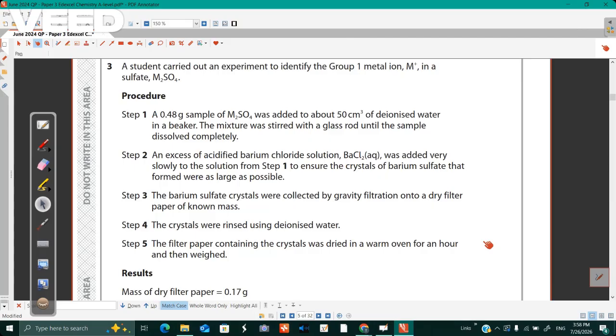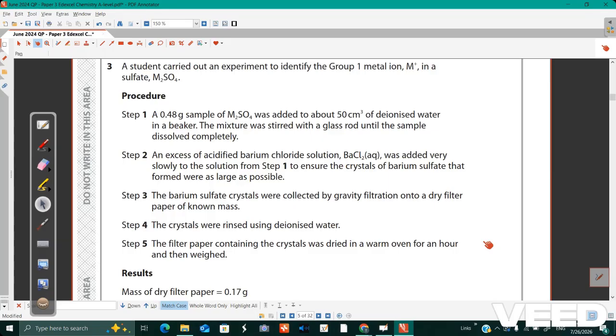The mixture was stirred with a glass rod until the sample dissolved completely.